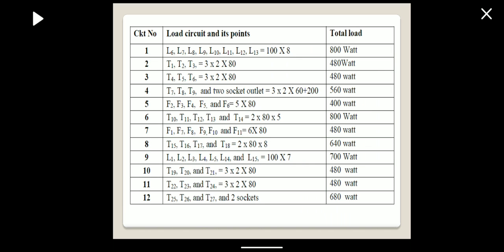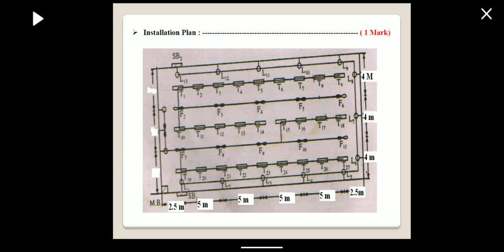So the load circuits and their points: lights 6, 7, 8, 9, 10, 11, 12, 13 is equal to 100 into 8, that means 800 watt for the first sub-circuit. Similarly the second sub-circuit 480, third sub-circuit 480, fourth 560, fan sub-circuit 400, and the sixth one 800.